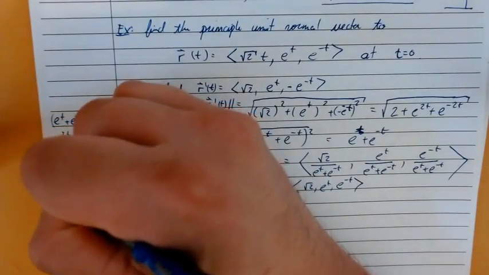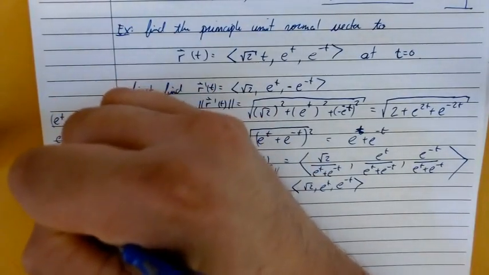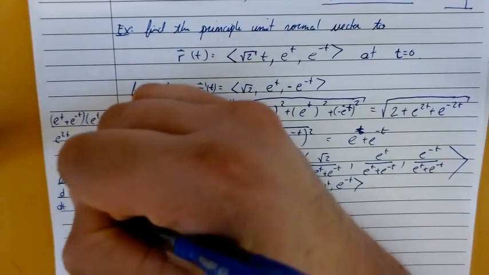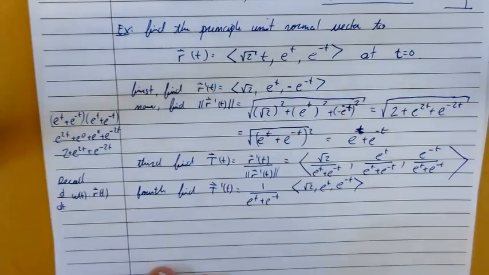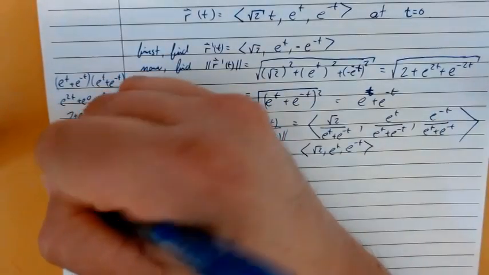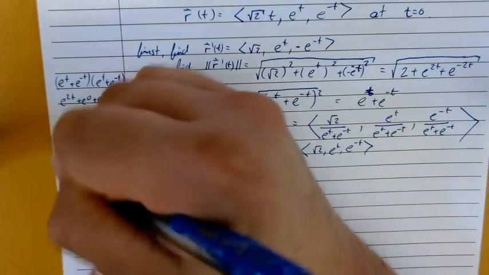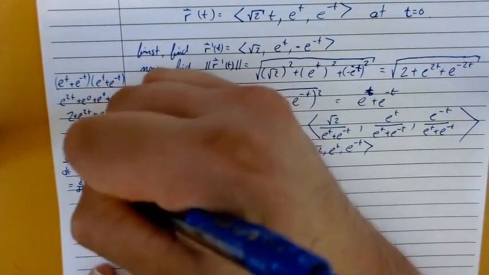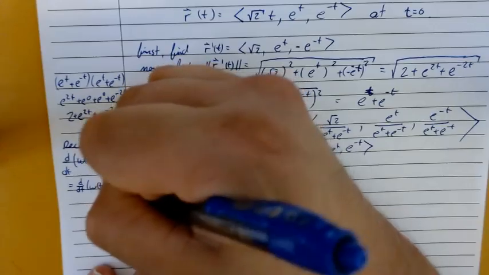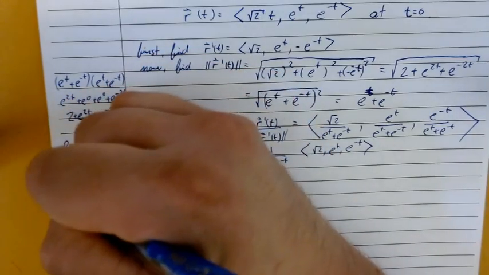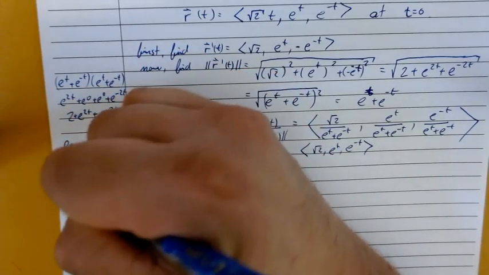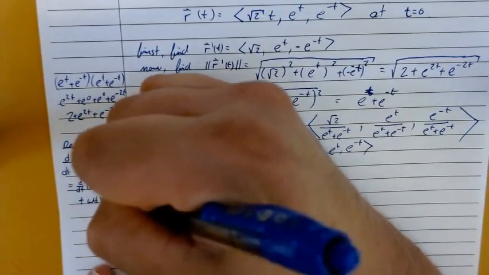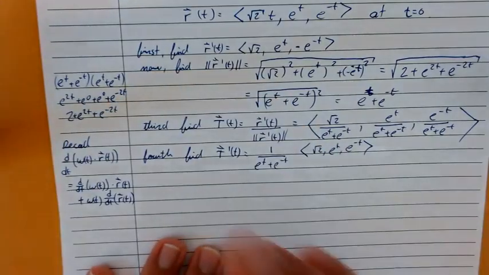Recall that if you take the derivative with respect to t of a real valued function times a vector valued function, then we use the product rule: the derivative with respect to t of the first one times the second one, plus the derivative of the second one times the first one. So it's the product rule.